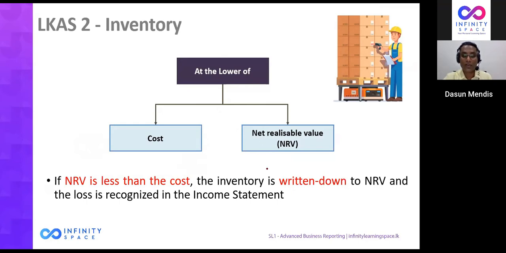If the NRV is lower than the cost, you need to write down the inventory value, and that write-down is recognized in the income statement. You charge that to the P&L. Because of COVID-19, the closing inventory items may be unable to sell, as you can't access the market where you want to sell this product. So write down the inventory to the net realizable value.